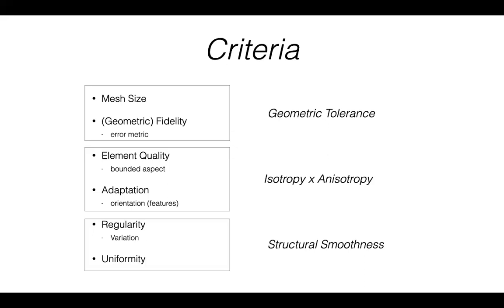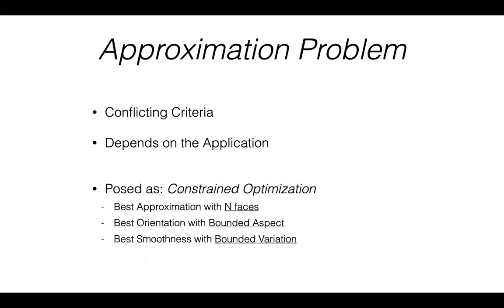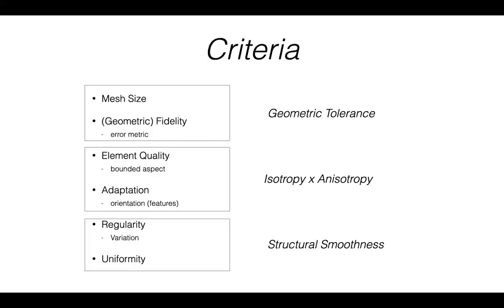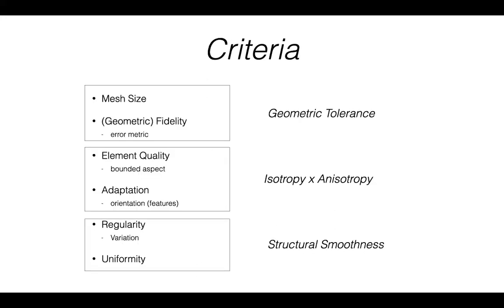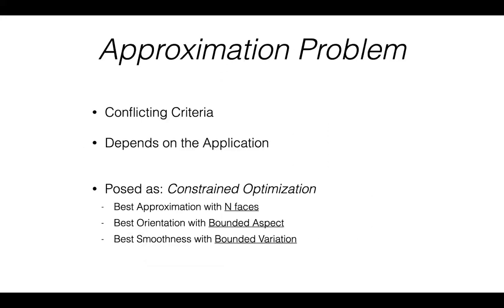And in a nutshell, considering all these criteria at the same time is going to give an approximation problem that has conflicting criteria, because it's impossible to get all these criteria satisfied, because we are computing an approximation that depends on the shape that we are going to approximate. And also, the way to choose which criteria are more important depends on the application. So it's natural to pose this approximation problem as a constrained optimization.